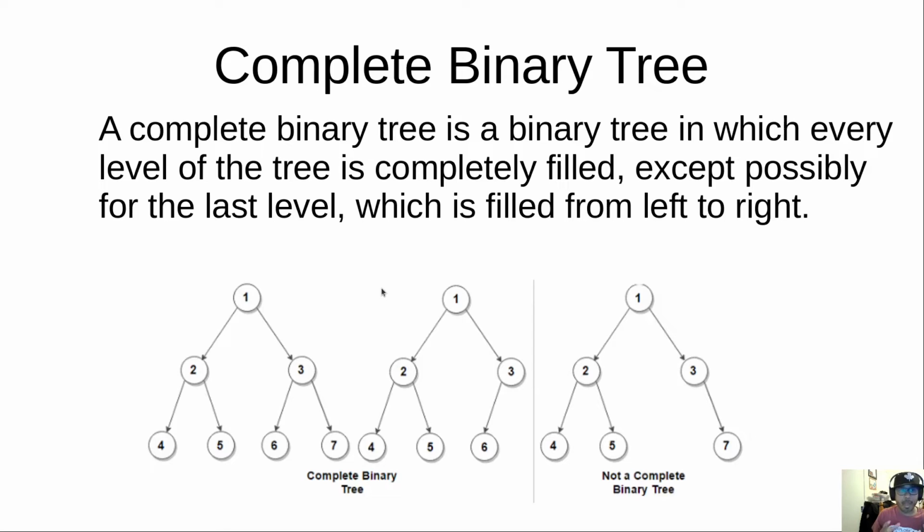All right, a complete binary tree is one in which every level of the tree is completely filled, except possibly for the last level, which is filled from left to right. So right here, you can see this is a complete binary tree. If there's any branch missing from left to right, it's not a complete binary tree.